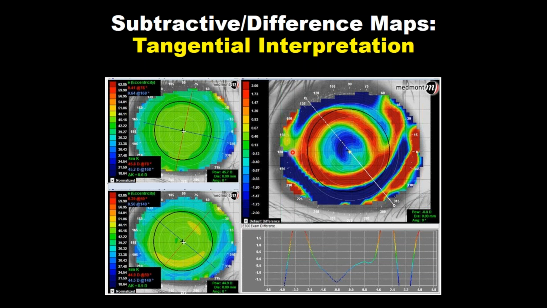So our tangential map is confirming what the axial map told us. The lens is riding up and out, and we may need to increase the return zone depth or tighten up the landing zone angle, or both. And this is something that Graham from the Contact Lens Center of Australia can be really helpful with.